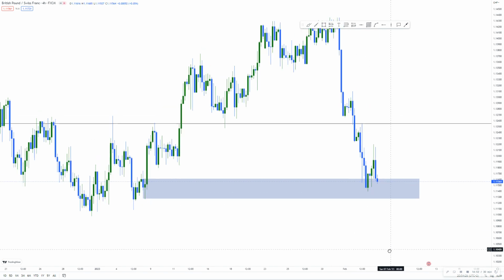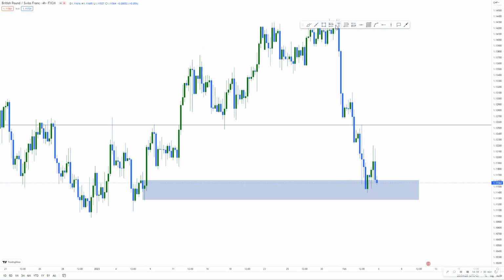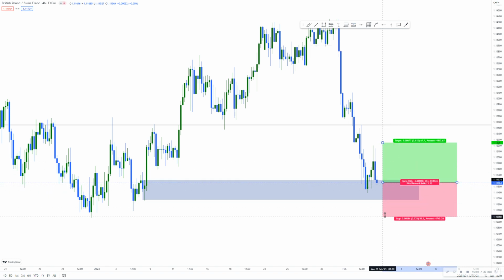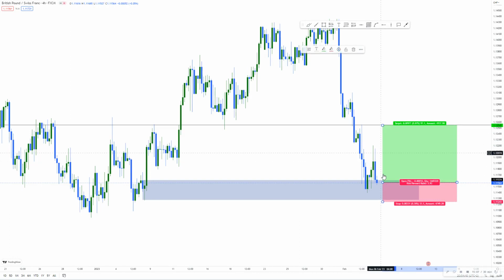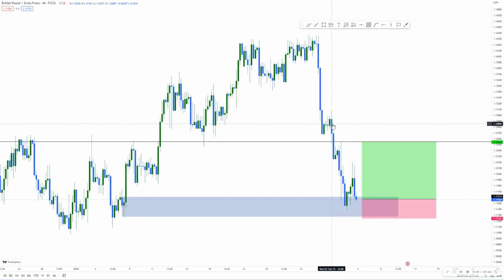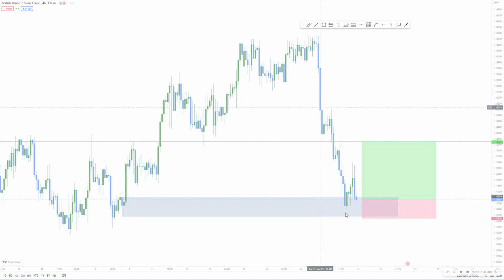So with that said, we actually could look for possible long positions from where we are right now, just to scale in long positions a bit, and then target here to see what the next week gives us, right? So that's on GBPCHF on a 1 hour time frame.